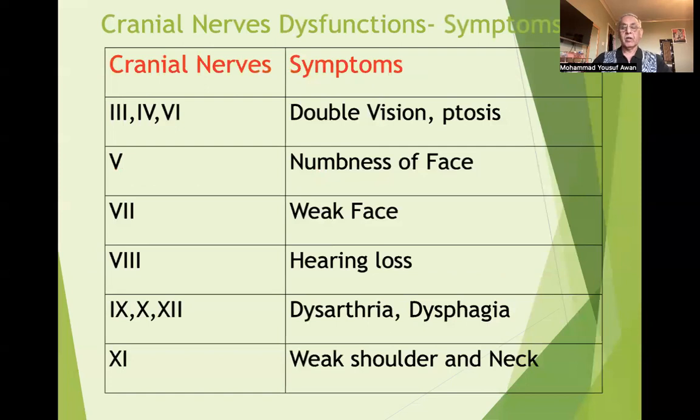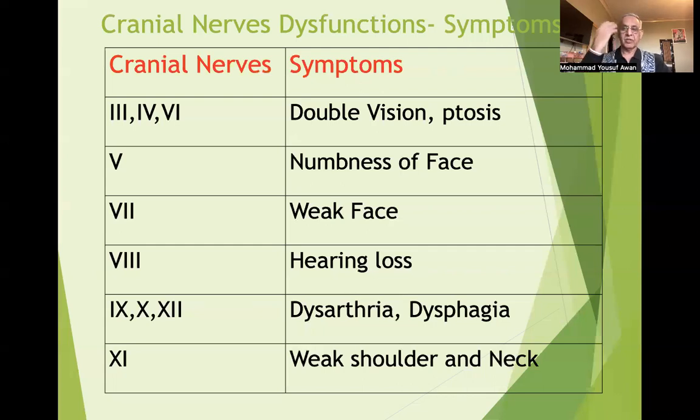So how will you know? I'm not going into the details of examination of the cranial nerves, but I'll show you some features of cranial nerve lesions. With the third, fourth, or sixth cranial nerve, your patient will have ptosis and double vision. The fifth nerve is the sensory trigeminal nerve, causing numbness of the face.